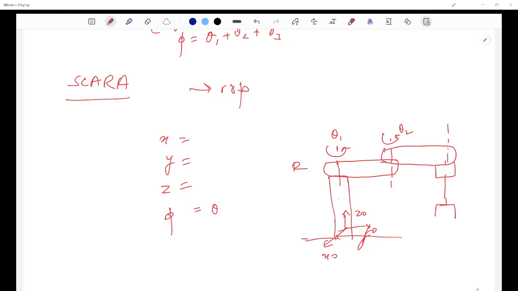It can move forward and backward by L naught. We can also call it D3, you can answer in that term. Then we are just interested in finding out what would be X, Y, and Z for this. Let's say this link is L1, this link is L2. What would you get for the SCARA robot?